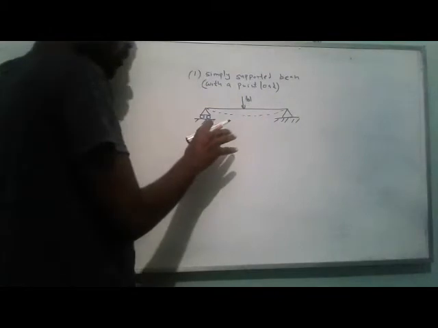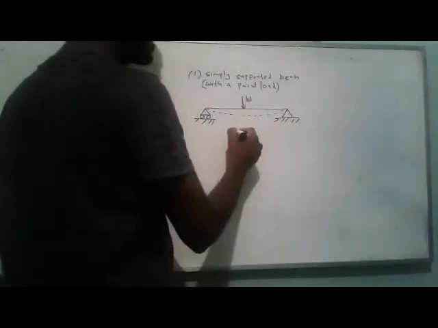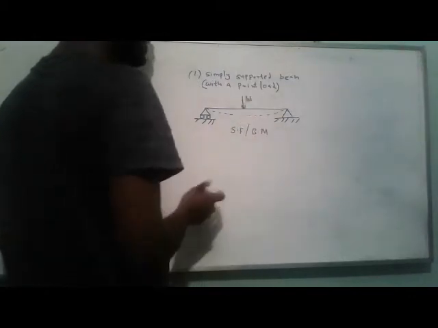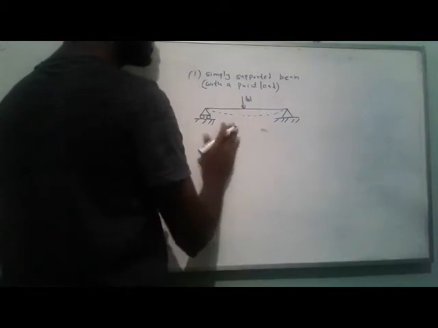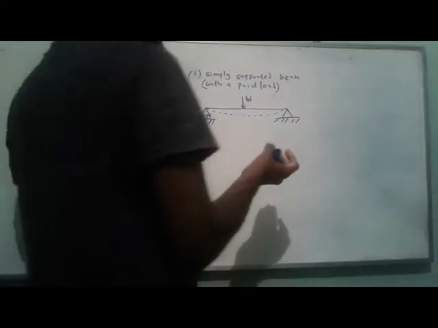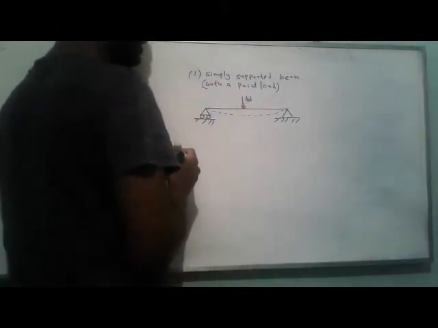Those are called internal forces. So now we are going to find shear forces and bending moments. Those are internal forces. But before we find those internal forces, we have to find external forces.